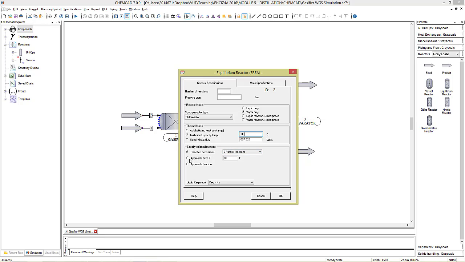You can specify the approach delta T or the approach fraction. This comes from the fact that reactions never actually get to equilibrium, because as you get closer to equilibrium, the rate of reaction becomes slower and slower. So the calculations become more and more complicated, and it takes longer and longer. So what this says is how close you want to be towards equilibrium.